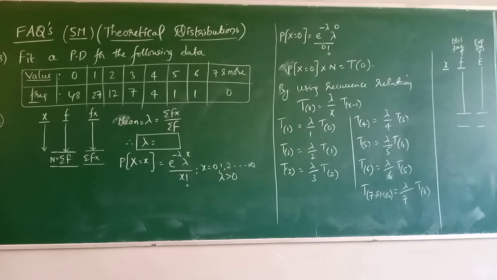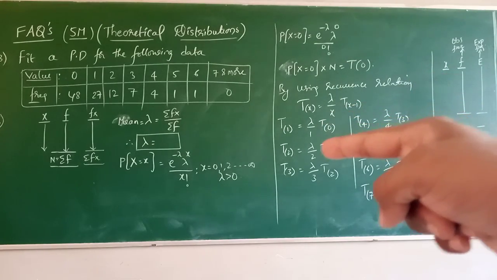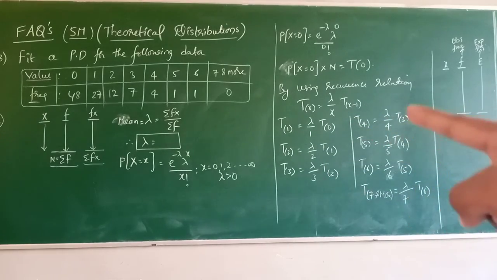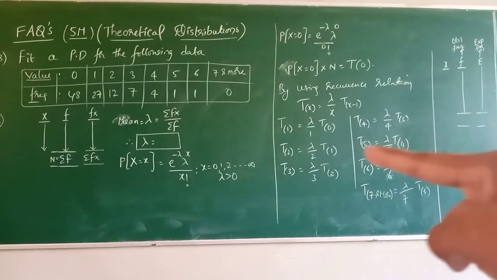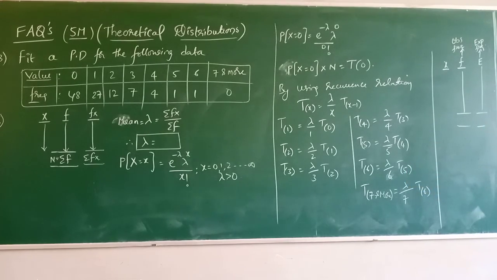Where N has to be multiplied, that T of 0 only we substituted in the next, and this whole frequency we substituted again here, and again here. So this way, the recurrent way we have calculated. That's why the name is given recurrence relation.